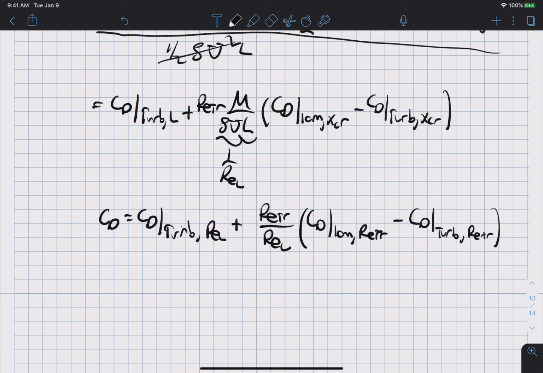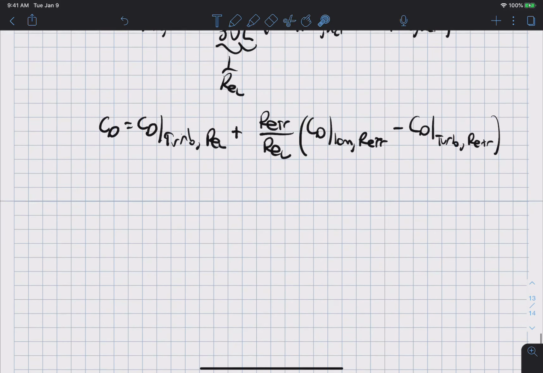Okay. So basically what this is doing is adding the drag coefficient for the entire turbulent plate, subtracting off the turbulent drag from the laminar section, and then adding the actual drag from the laminar boundary layer profile.